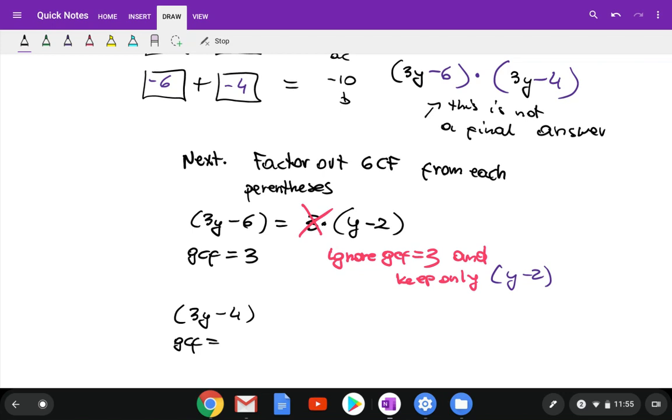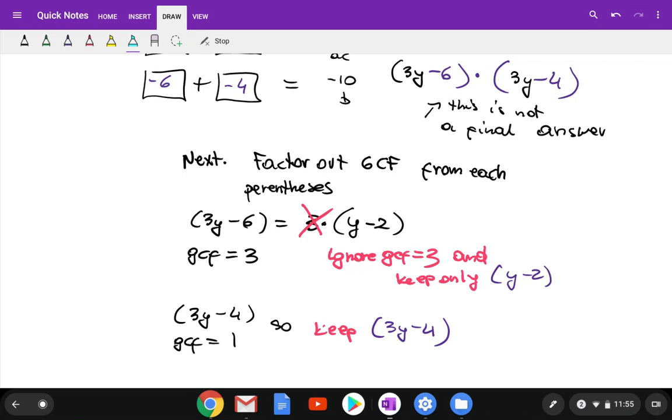GCF here is equal 1, so keep 3y minus 4. So when GCF of the parenthesis is equal 1, you keep your original parenthesis. So keep that 3y minus 4.